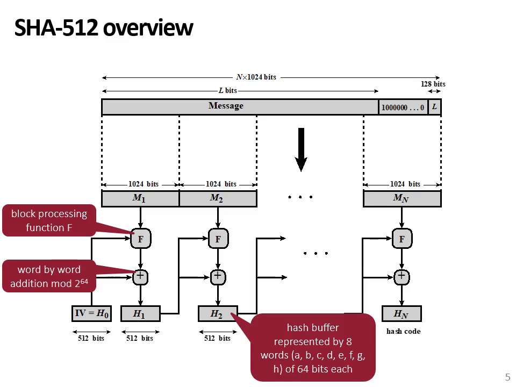This process is repeated until the last output Hn is calculated, which serves as a 512-bit hash value. These intermediary outputs H1 to Hn-1 are represented by 8 words of each 64 bits. They are referred to as A, B, C, D, E, F, G, and H.